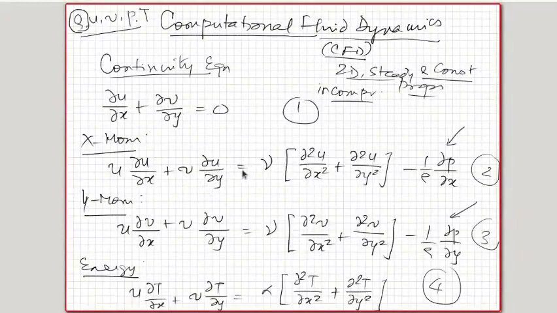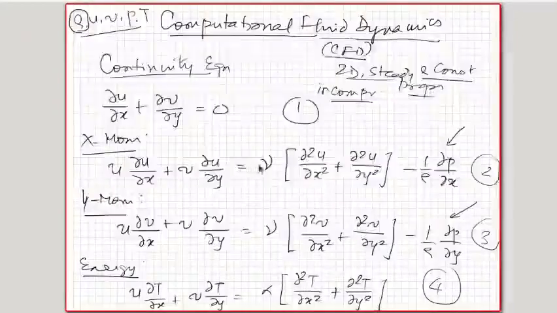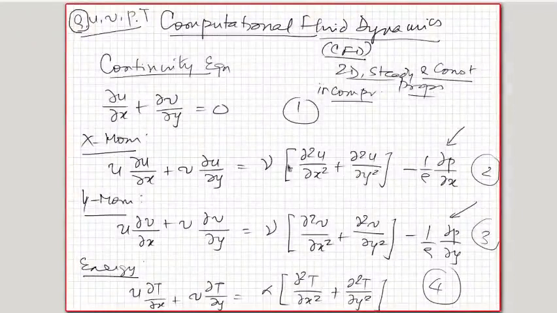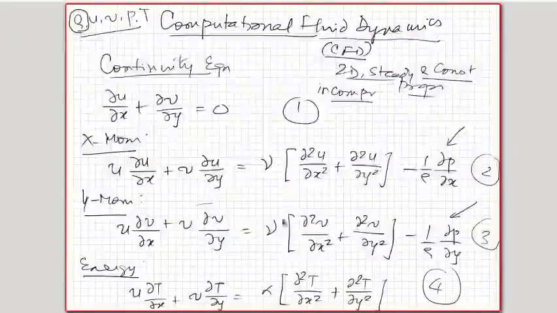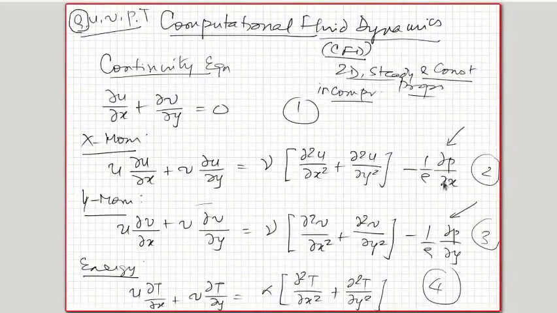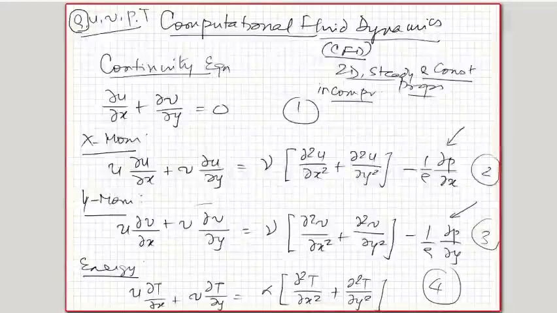The second approach is to guess some value of pressure and solve the momentum equations. But now you know that these momentum equations will not satisfy the continuity equation, because the pressure that you have given is not a correct value. So you substitute the velocities into the continuity equation in order to obtain a correction in terms of the pressure.